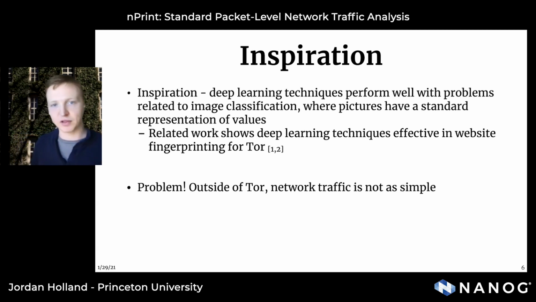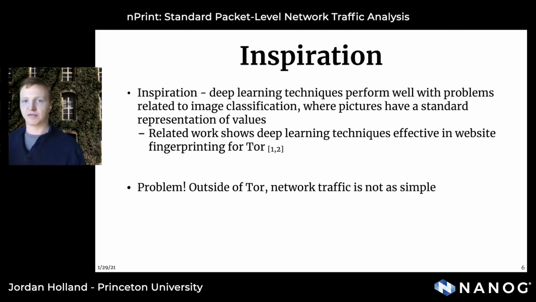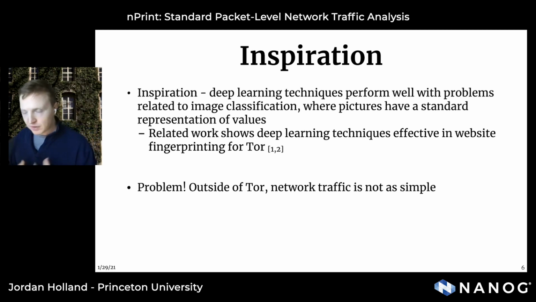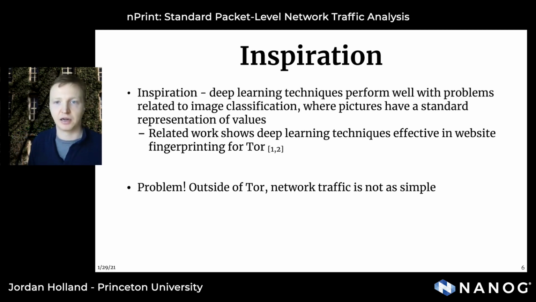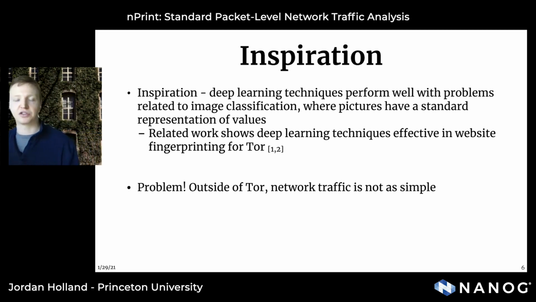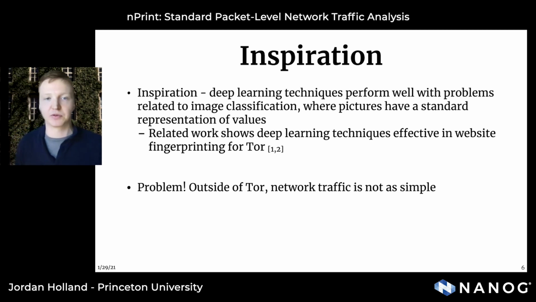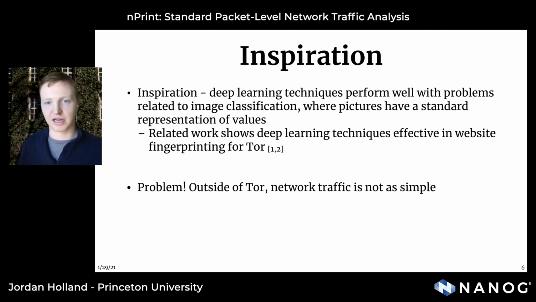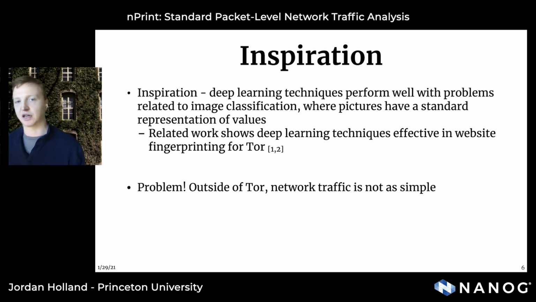One of the reasons for this rapid innovation is that pictures have a standard representation of values. Whenever I want to classify a set of images, say a cat versus a dog, I present a deep learning classifier with a square or rectangle of pixels, and it's going to learn how to classify between the cat and the dog. We don't actually have to tell it how to do it.